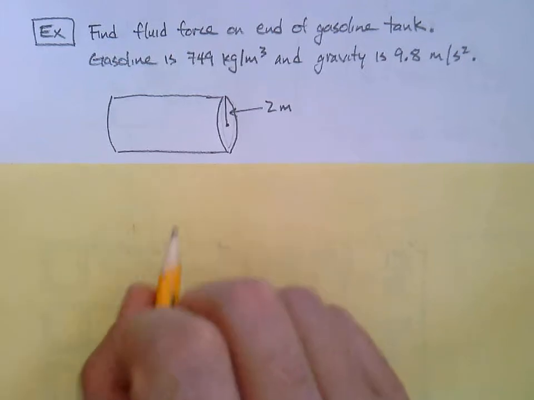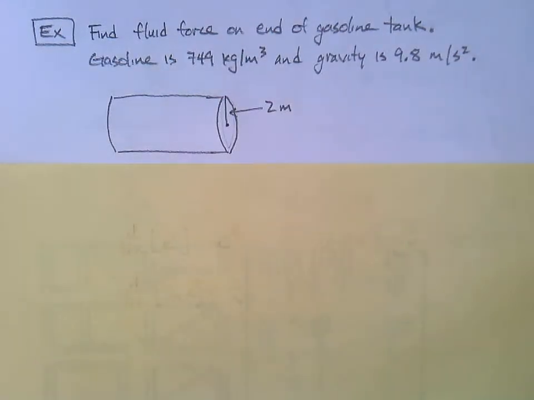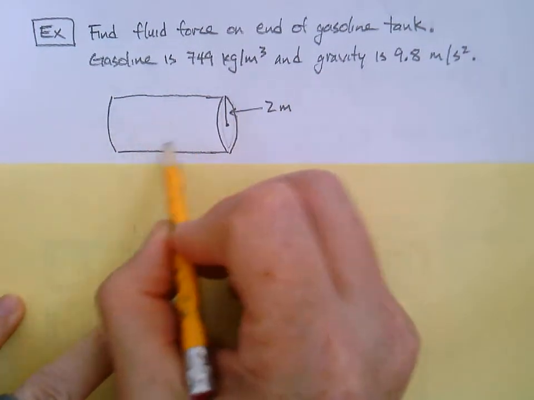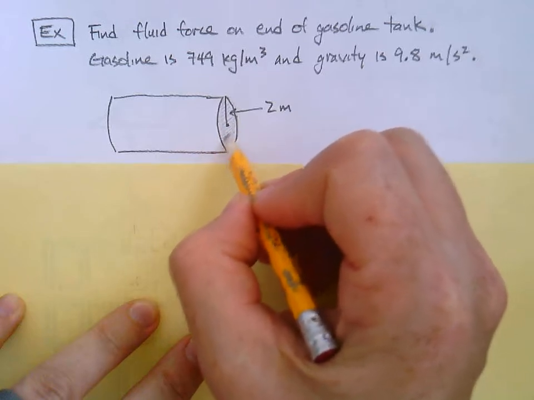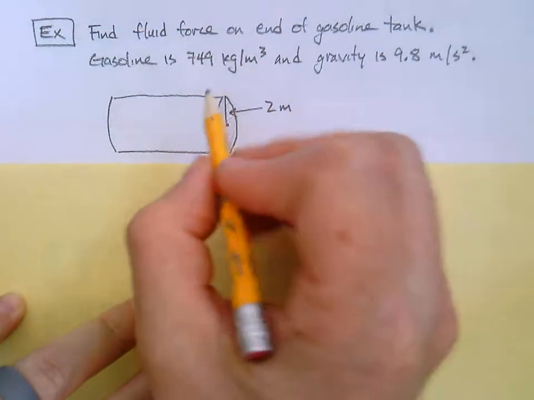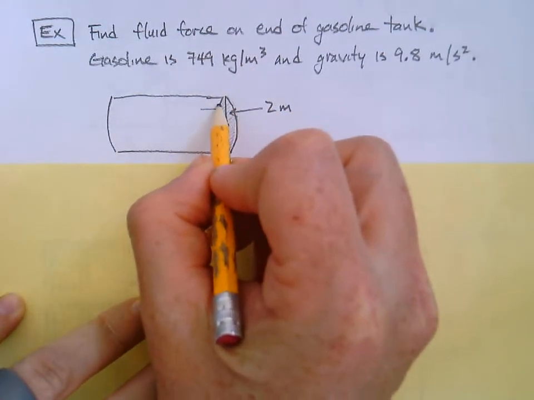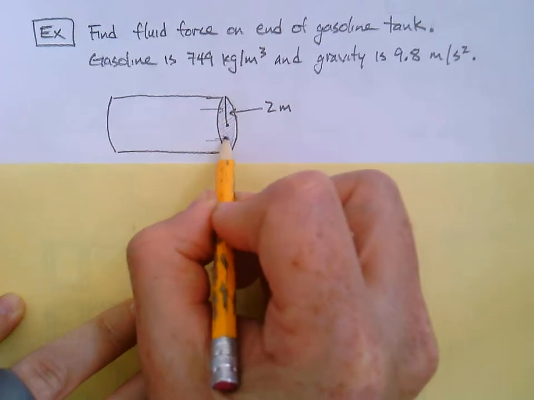And so here it's not that fluid force is around the plate and pushing in on the plate. No, the fluid is inside the tank and it's pushing against the end. So inside there, the gasoline presses outwards.